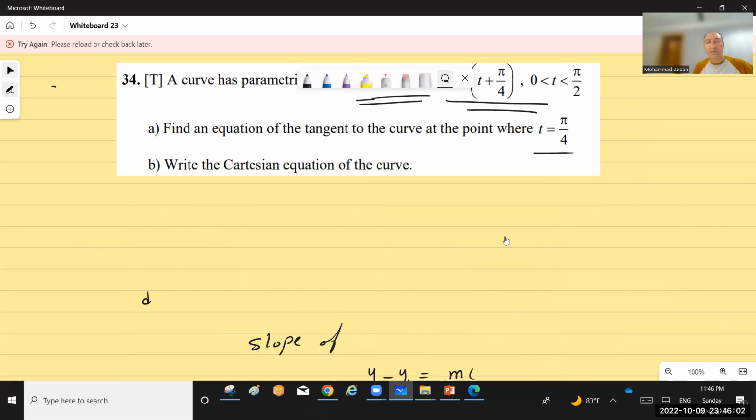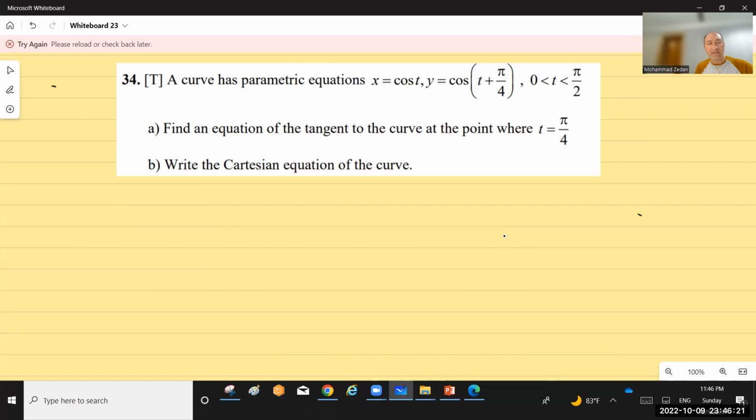The second part is to write the Cartesian equation of the curve, and simply, as you see here, to erase or delete the parameter from the two equations.